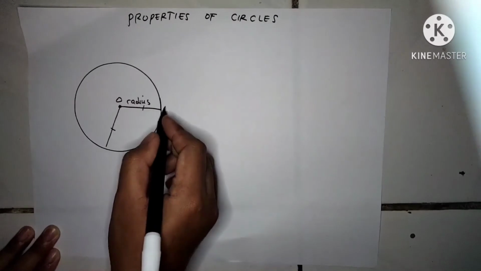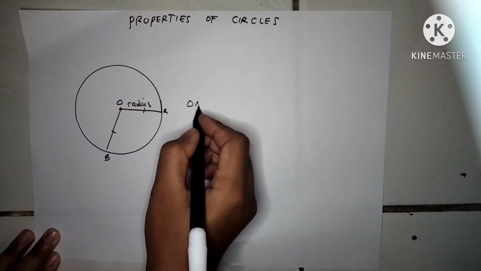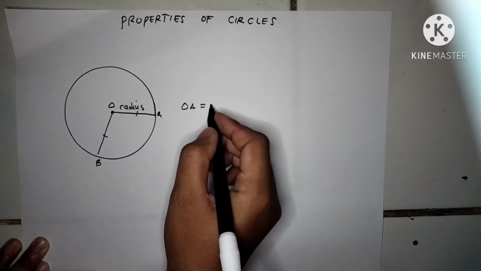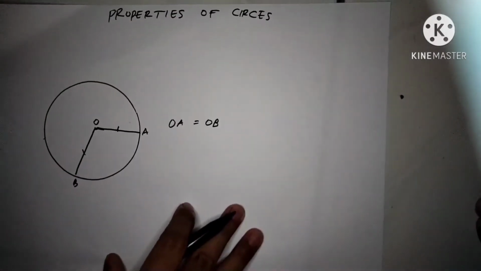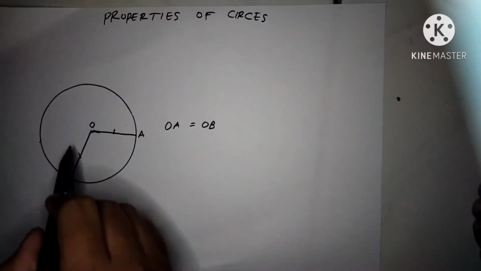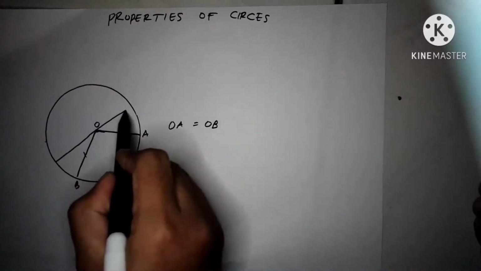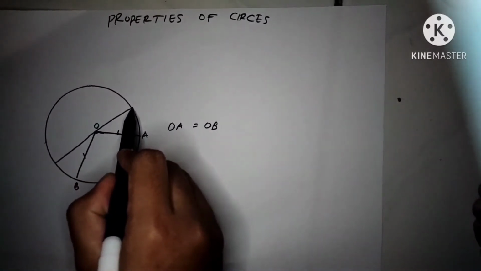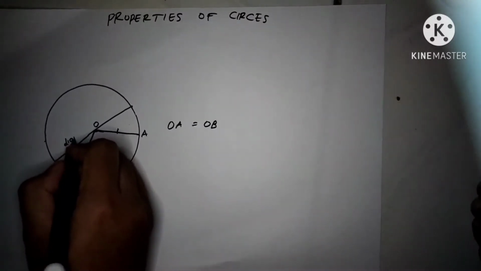This is O, A, B. OA is the same as OB. A line segment like this, which passes through the center, is called the diameter.